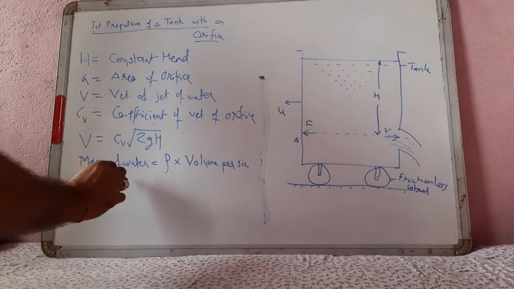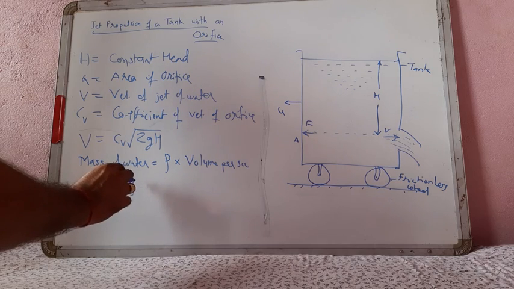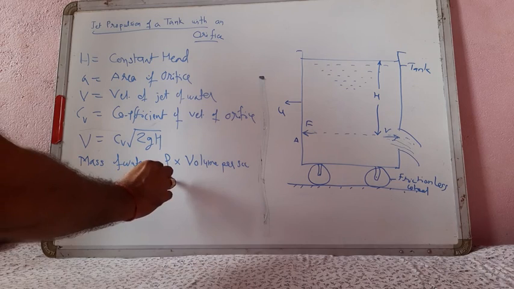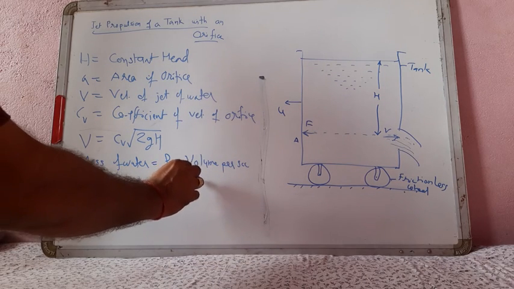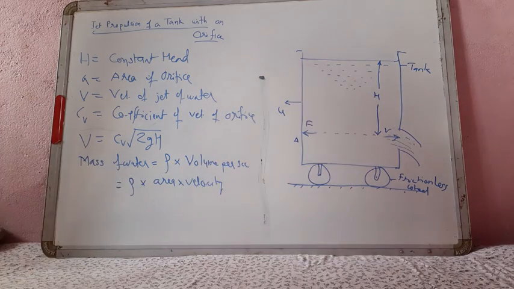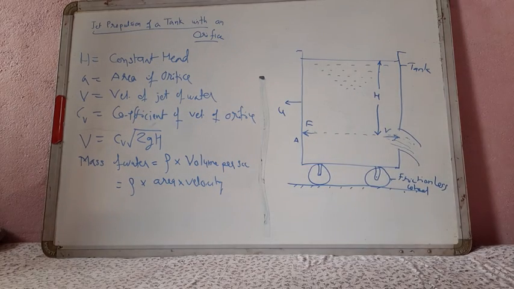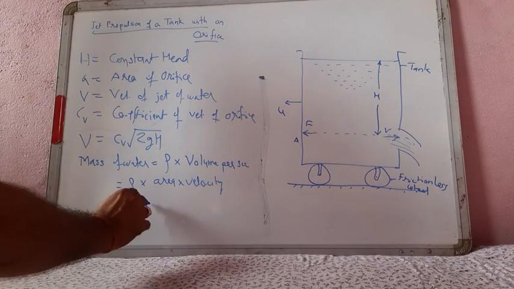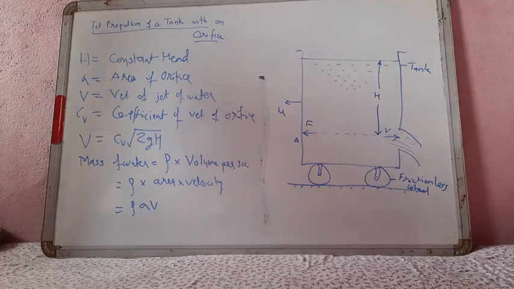So this is equal to rho into area into velocity, where velocity is in meter per second and area is in meter square. So this is volume, and the mass per second is rho a v.